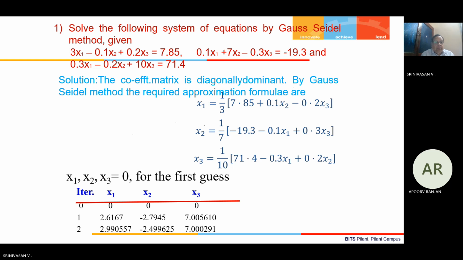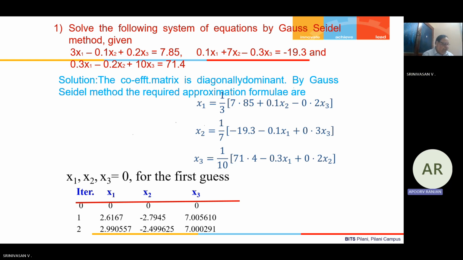See, 9 is there, 3 into 3, 9. And 0.2 x3 is 1.4, not 0.14. 1.4, 0.2 into 7. So you are having 10.4. Now to get 7.85, you must have minus 2.55. That is, you must have x2 as 2.55. Well, we have 2.5, but it is not minus. Can you just quickly check from the equation x2 equal to?